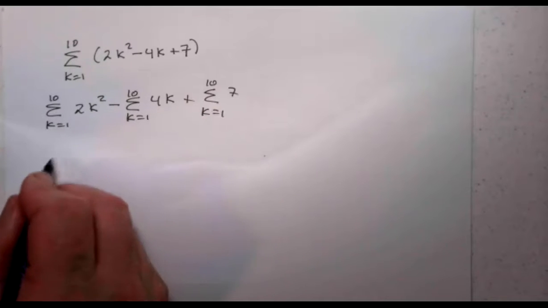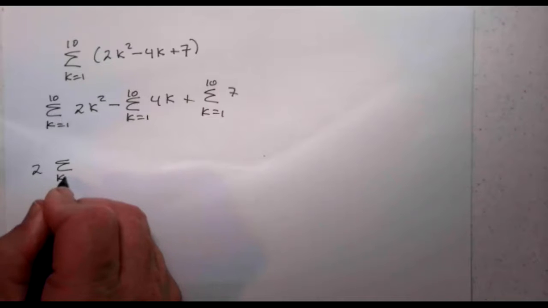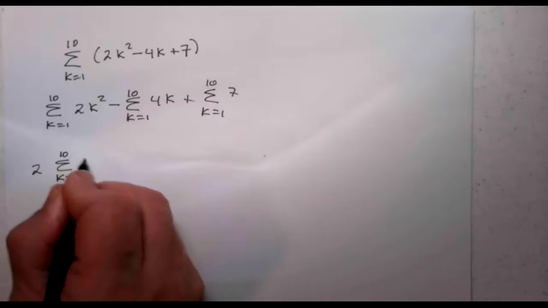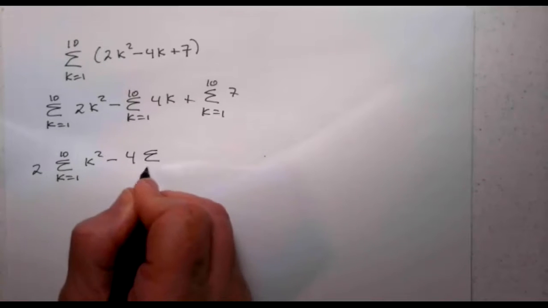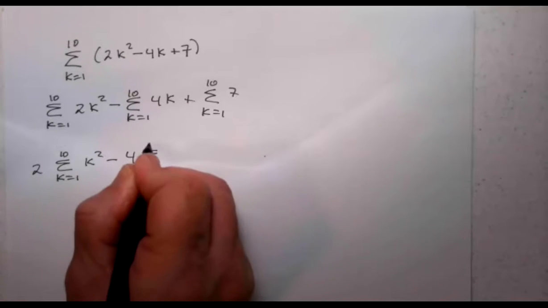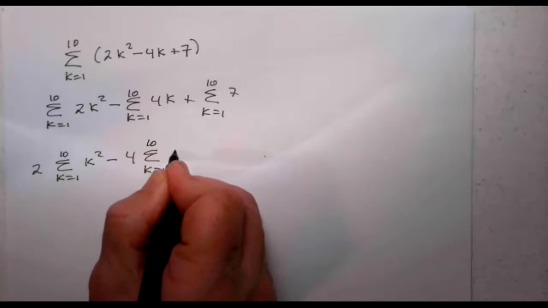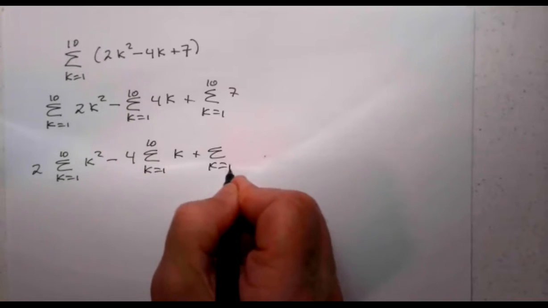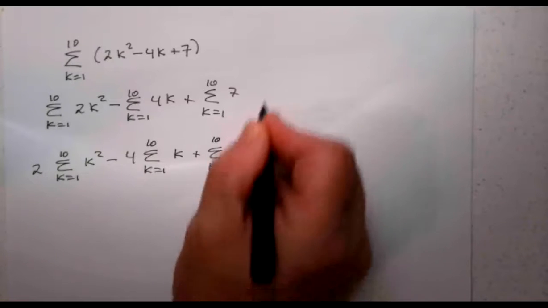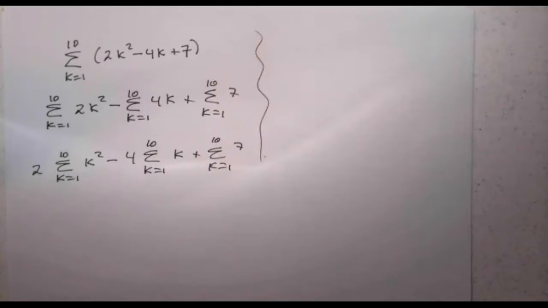Then we'll pull the constant multipliers out in front. 2 times the sum as k goes from 1 to 10 of k squared minus 4 times the sum as k goes from 1 to 10 of k plus the sum as k goes from 1 to 10 of 7.